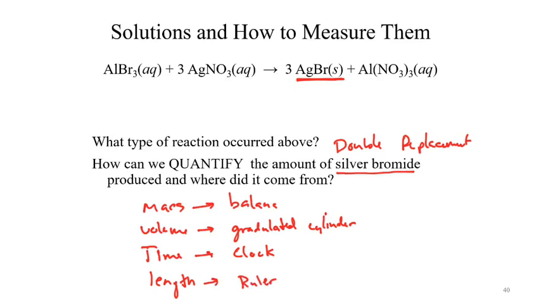Well, when do we use each of those things? A balance is useful for measuring solids. It can still measure other things, but solids tend to be the easiest. Volume is great for liquids. A clock is time, so we're not really measuring solids, liquids, or gases. And a ruler is measuring the length or size of something, so that doesn't make sense for our individual phases either.